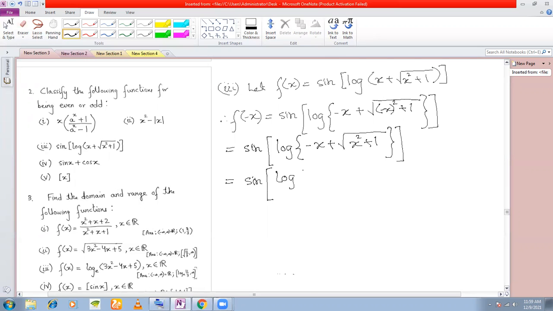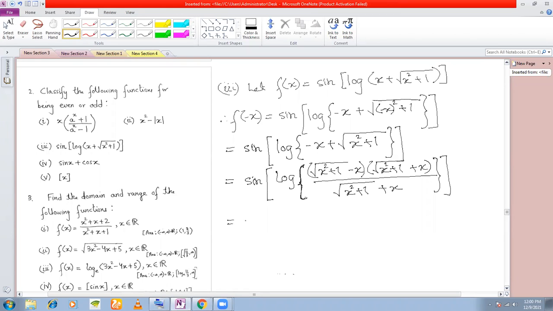So in order to check whether it is equal to f(x) or minus f(x), what we do is we multiply the numerator and denominator of this fraction by the rationalizing factor. So here we have root of x square plus 1 minus x in the numerator, so we multiply the numerator and denominator by root of x square plus 1 plus x.